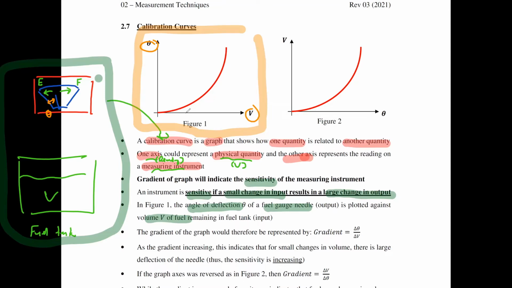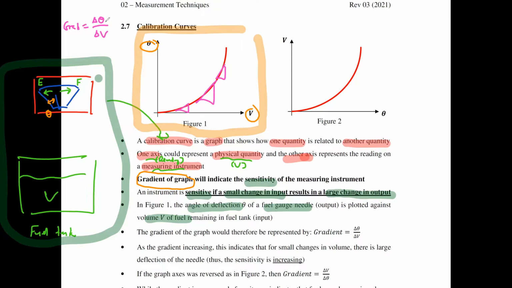If I want to investigate its sensitivity, is the sensitivity of the fuel gauge increasing or decreasing by looking at this graph? The gradient of the graph would usually tell us the sensitivity of the measuring instrument. If I look at this first graph, the gradient is delta theta over delta V. Okay, this is the gradient.